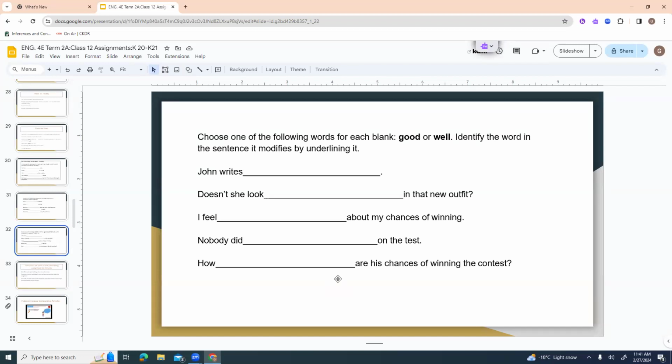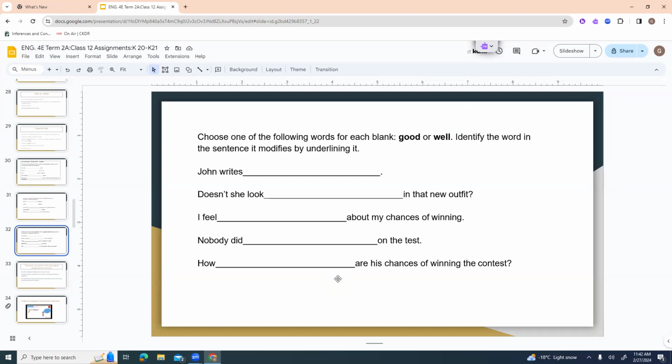Okay. And then the last set here is good or well. We talked about how that one is really tricky because we don't have the ly. So remember that good is your adjective. It has to describe a noun, a person, place, or thing. Well is your adverb. It can only describe an action or another adverb, possibly an adjective, but for this case, mostly it's going to be describing another adverb.